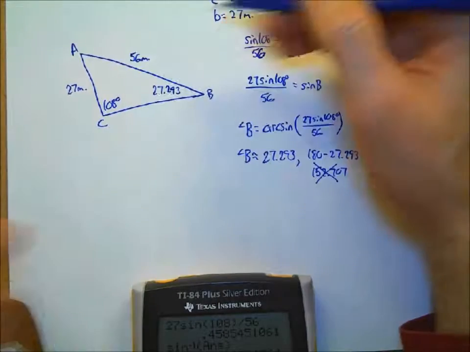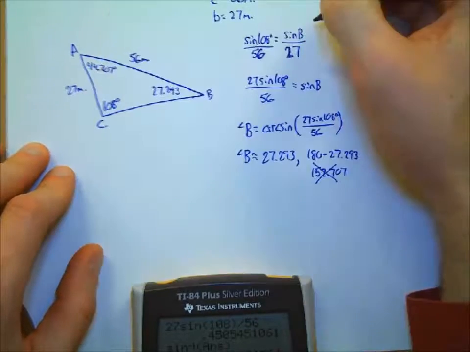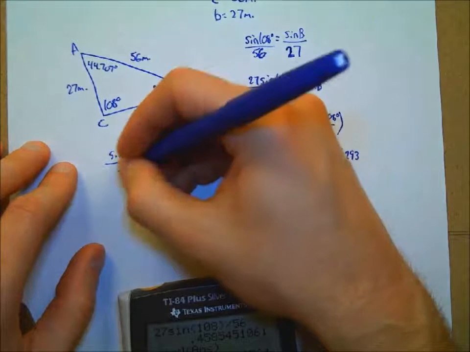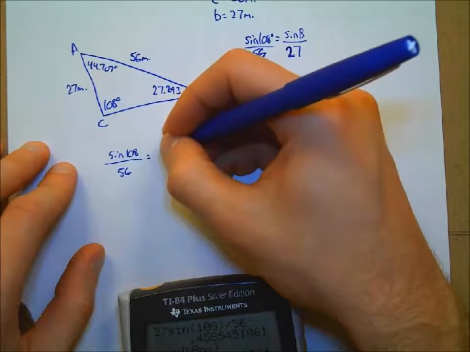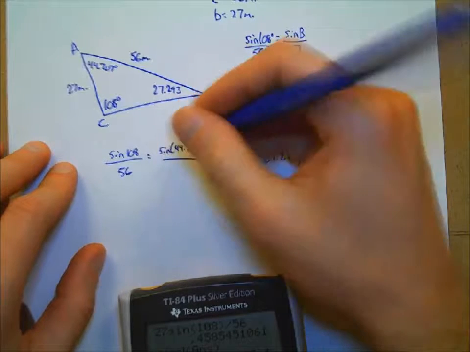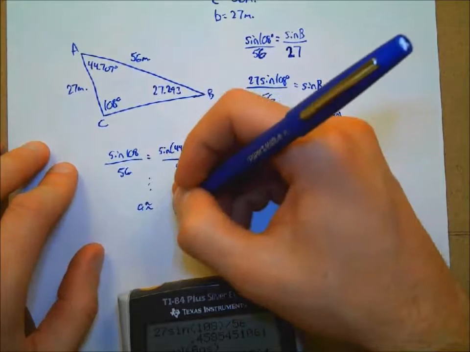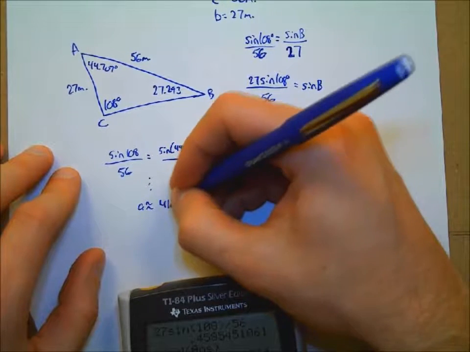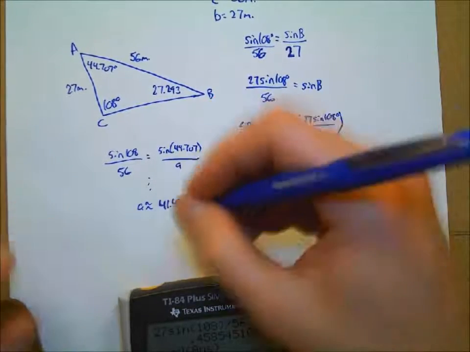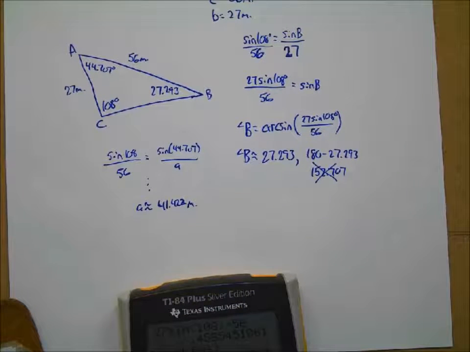I think we get 44.707 when you subtract from 180 there, and so then you can do sine of 108 over 56 equals sine of 44.707 over little a, and then cross multiply and solve. And a will be approximately 41.422. I can trust you can do those calculations. I don't want to spend our time on those. But I just want to introduce that idea there.